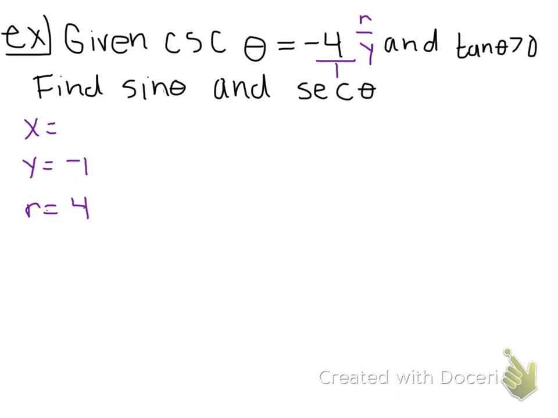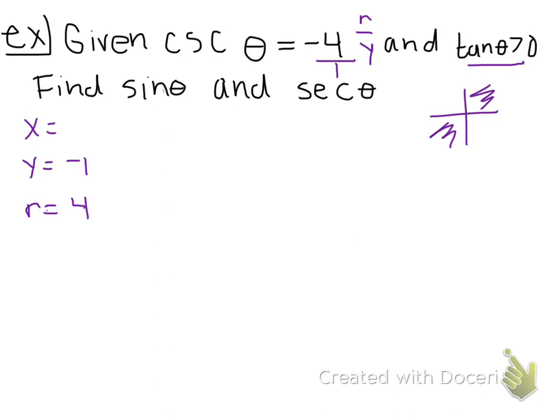The only other thing that you have to think about is our quadrant. So we know nothing about x, so I need to figure out if x is going to be positive or negative. So tangent of theta has to be greater than 0. So tangent has to be positive. So I know tangent is positive in quadrants 1 and 3. And then I know cosecant is negative, and cosecant goes with sine.